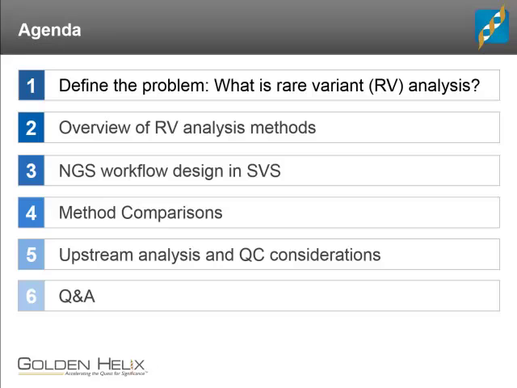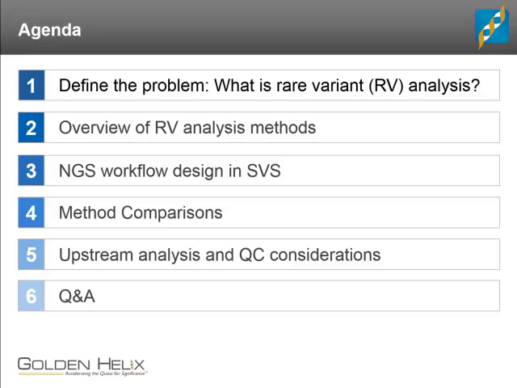So our agenda today will go something like this. We'll start out by talking just a little bit about what rare variant analysis is all about and what makes it tricky. We'll talk about some of the different options that are available for rare variant analysis. Then we'll move into SVS and talk about how to build workflows for rare variant analysis and, more generally speaking, for DNA sequence variant analysis.